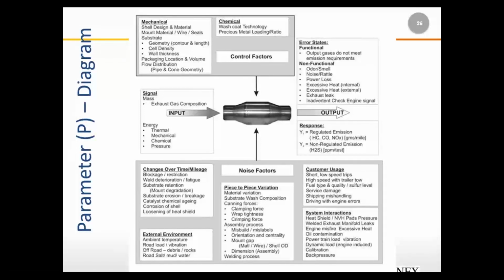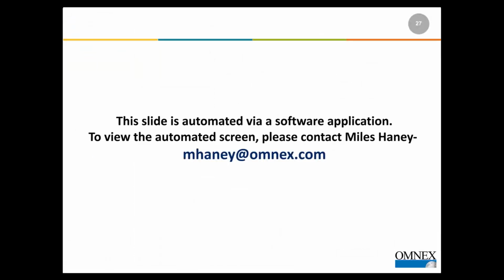Here we have the noise factors, things that could affect the product, and then what it is that the engineer is going to be using to design the catalytic converter. The error states in that, we would expect to see reflected as failure modes of the requirements and responses of the product itself. All right, next slide.